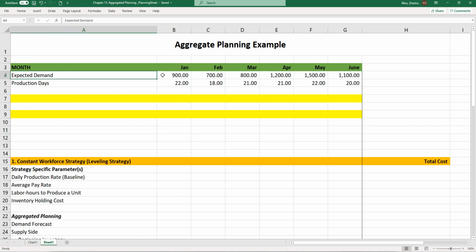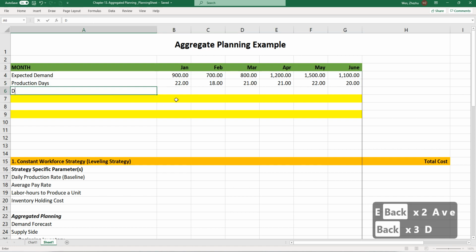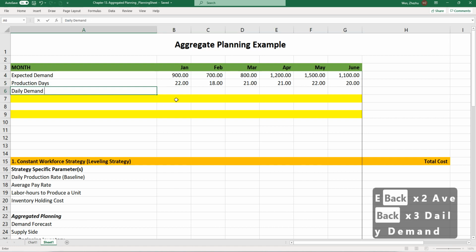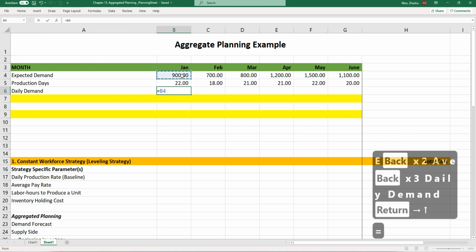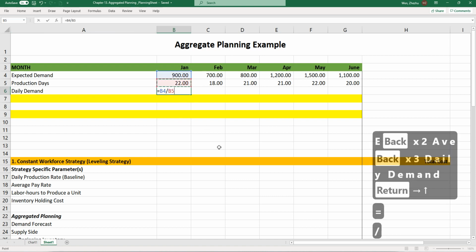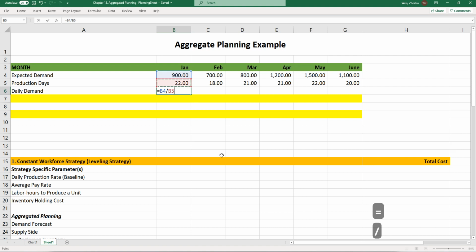We have expected demand here. We have production days available under each month. So the first thing I would like to calculate is the daily demand. That's the daily demand. So it's very simple. It's going to be a division between 900 and 22.